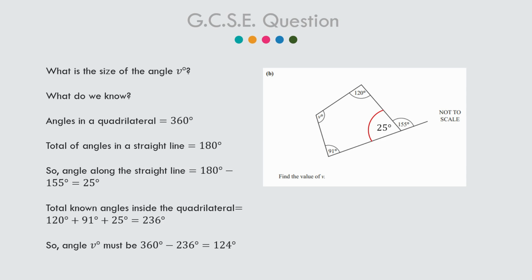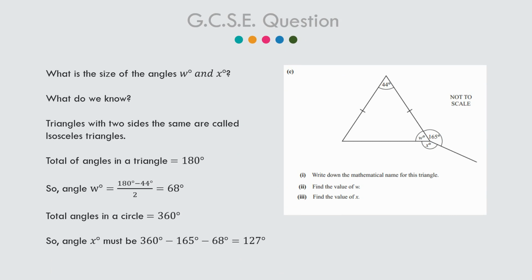To complete the question and find the missing angle V, all we have to do now is subtract the angles that we know from 360. So angle V must be 360 minus 236, which gives us the answer 124 degrees.